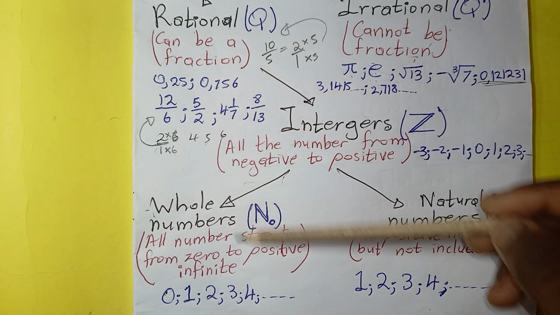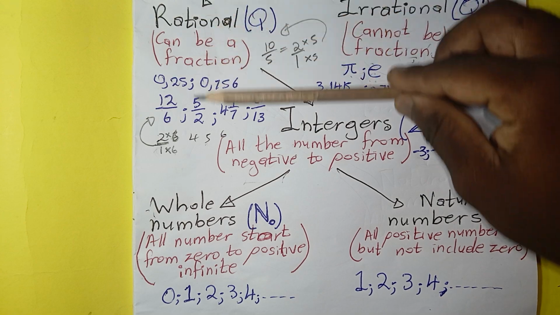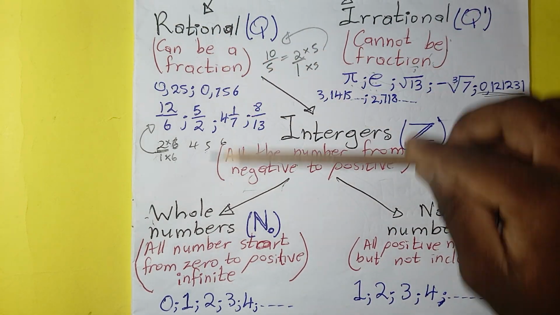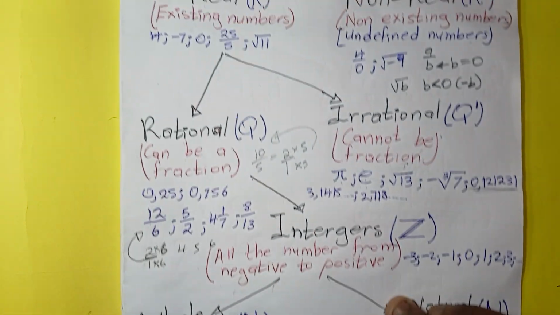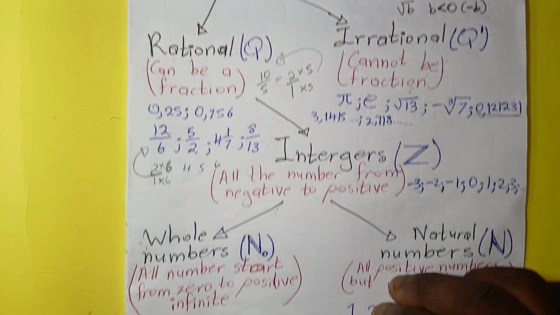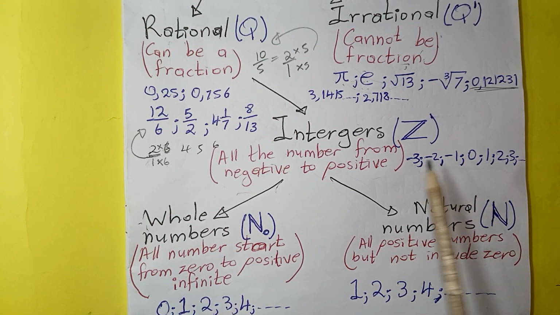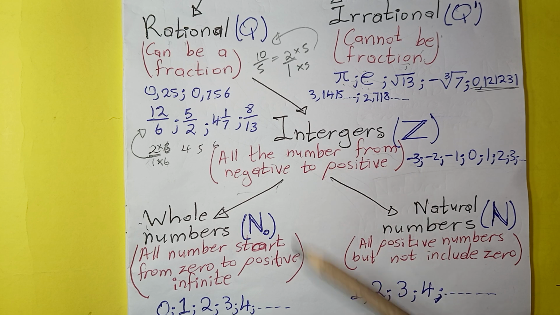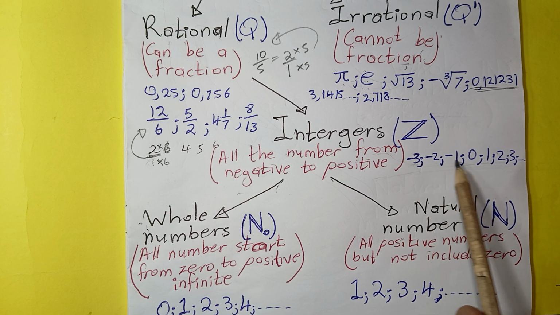This one. Or even all these ones are the ones which exist. All these ones are the ones which exist. Are the real numbers. Do you see? That is divided from the real numbers. Yeah. So integers, they start from negative to positive. Do you understand? Yeah. So these are just numbers, as you can see.